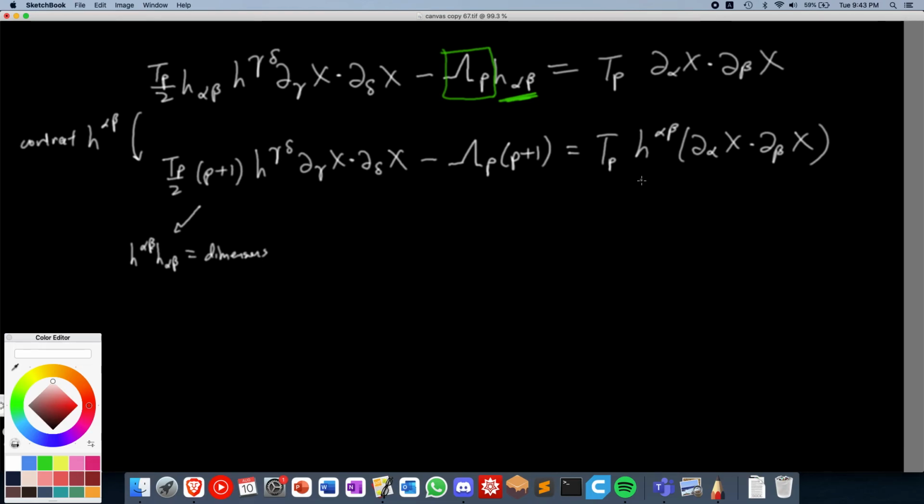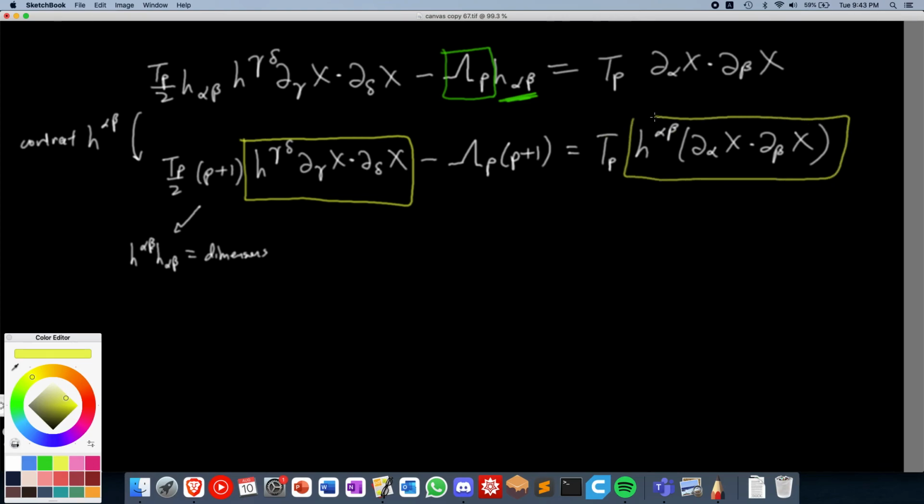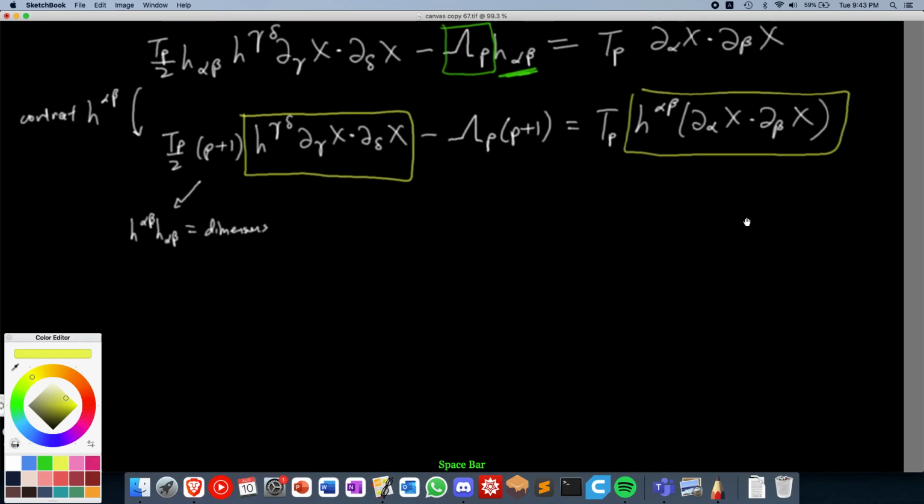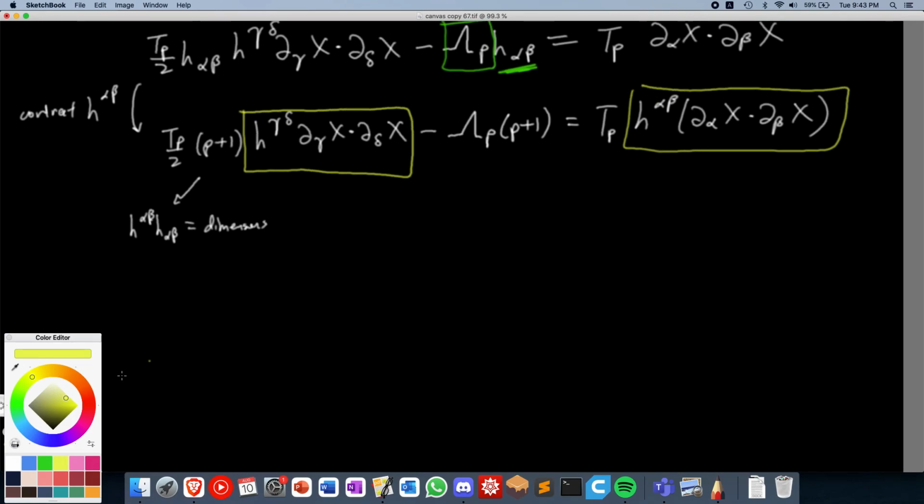Right now there's something quite appealing, which is that this guy and this guy are similar, so we can bring them to the same side, and we get that Tp over 2 (p minus 1) equals H alpha beta.